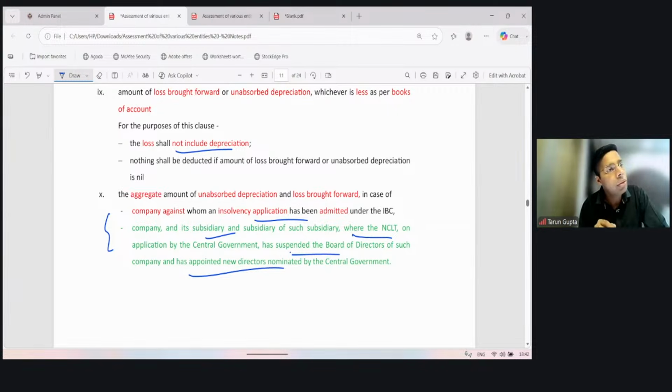So in such cases, the aggregate of depreciation, unabsorbed depreciation and brought forward losses are allowed to be reduced. In all other cases, the brought forward depreciation, unabsorbed depreciation, or brought forward business loss, whichever is lower, has to be reduced.